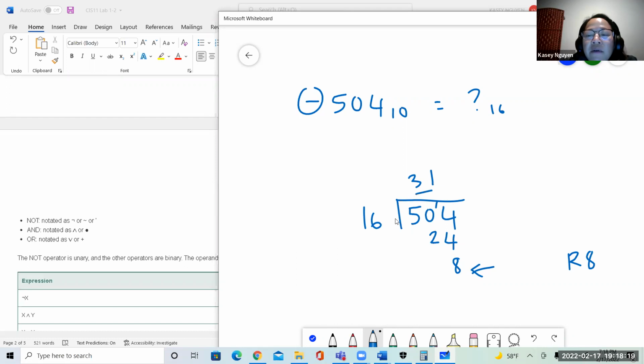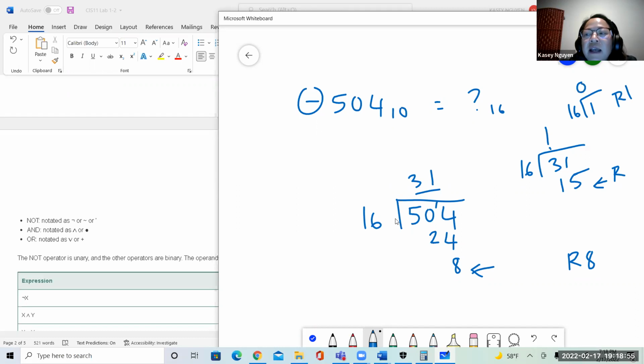Then I still have a quotient here and I would go again. So I would take 31 divided by 16 again. And that will be 1 time with the 15 remainder. Now I'm not done because there's still a quotient here. So I go again, 1 divided by 16. That's going to give me 1 as a remainder, right?